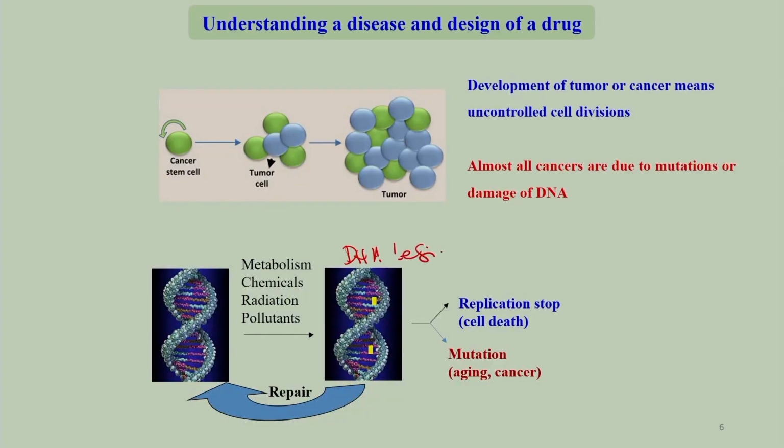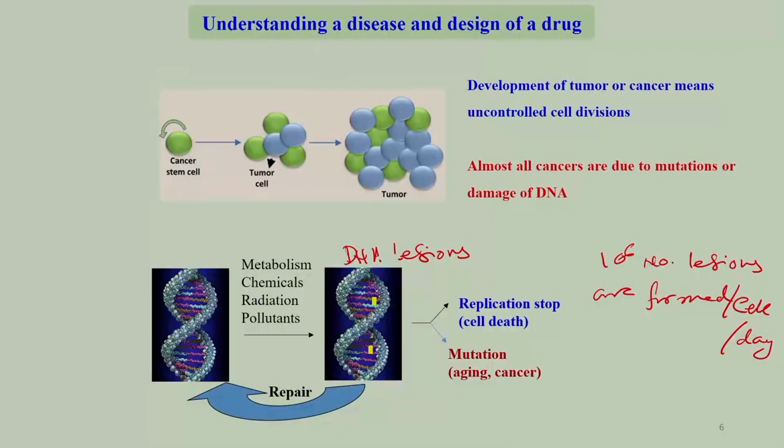The statistics is around 10 to the power 6 lesions formed in each cell per day. So, around 1 million DNA lesions are formed in every cell every day. You can imagine how much damage happens inside our genome or in our DNA.